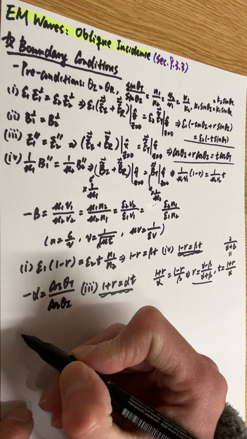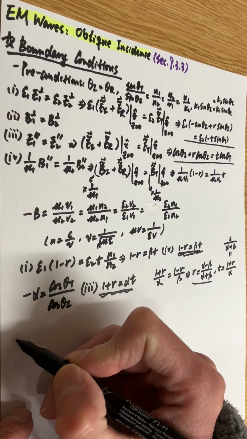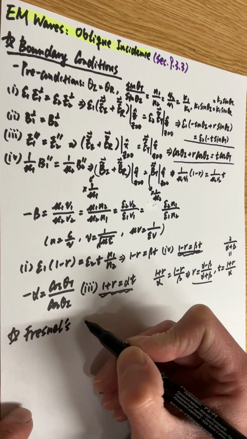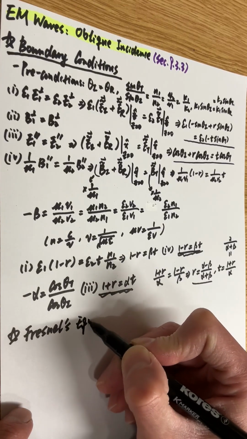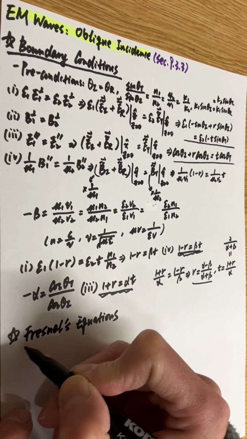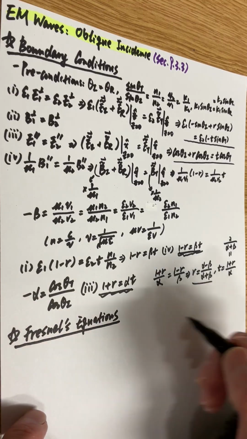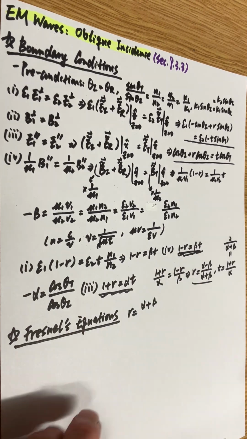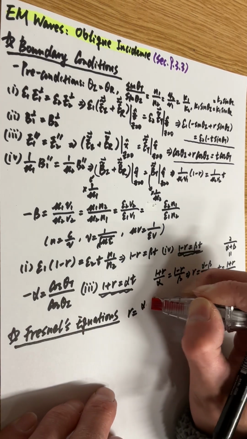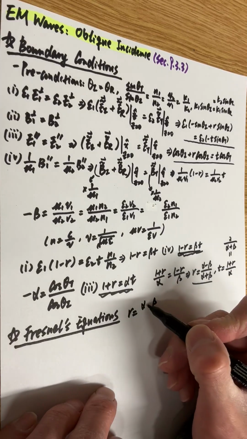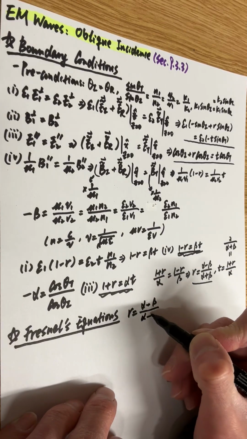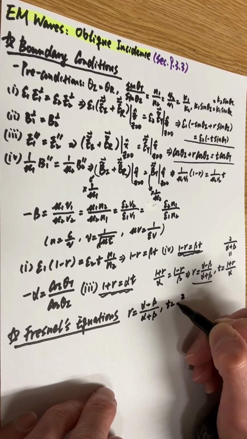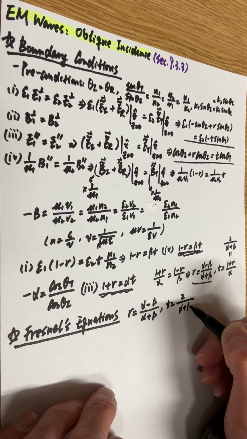We also often call it Fresnel's equations. So basically we have r equals alpha minus beta divided by alpha plus beta, and then t equals 2 divided by alpha plus beta.